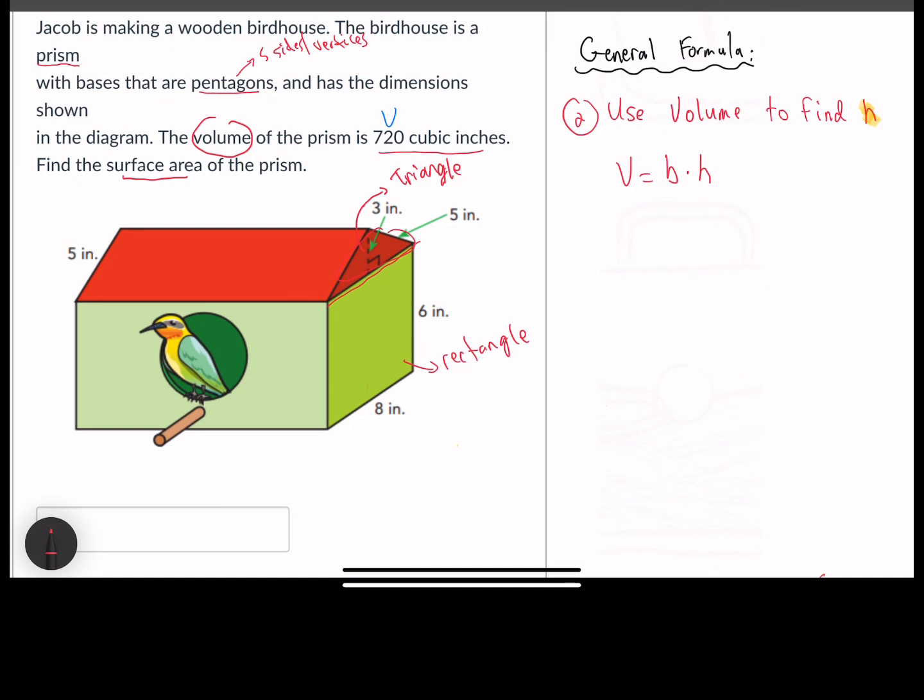Now that we got the area of the base, we're going to use the volume formula to find the height. So the volume is 720 cubic inches, and that's equal to, we said that it was 60 inches squared, and then multiplied by the height. We're going to divide both sides by 60 inches squared.